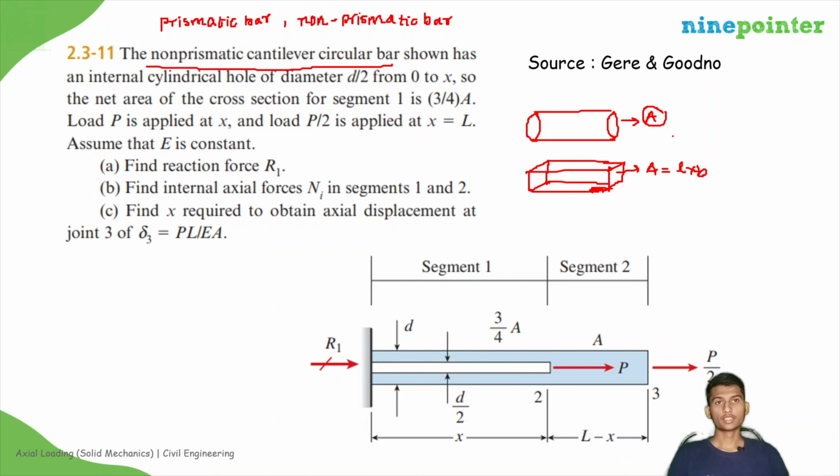So then what is non-prismatic bar? It doesn't have a constant cross-sectional area. Suppose it will have varying cross-sectional area, maybe uniformly varied, abruptly varied. For example, these two are prismatic. This is non-prismatic, right?